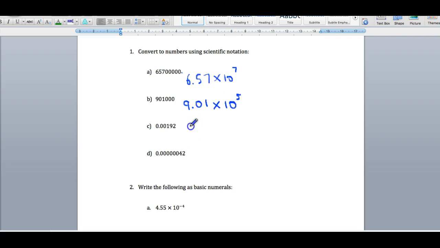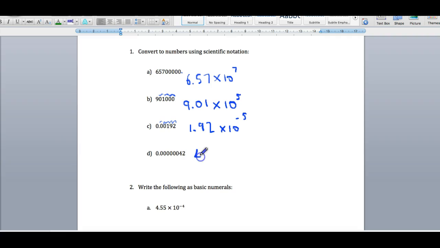Next one, okay, so we've got a really small number now. So it's 1.92. How many spots have we moved it? 1, 2, 3, 4, 5. So times 10 to the negative 5. Oh, what I was saying before was, I just realised now it does work. You're moving your decimal in the positive direction, positive power, moving it in the negative direction, negative power.